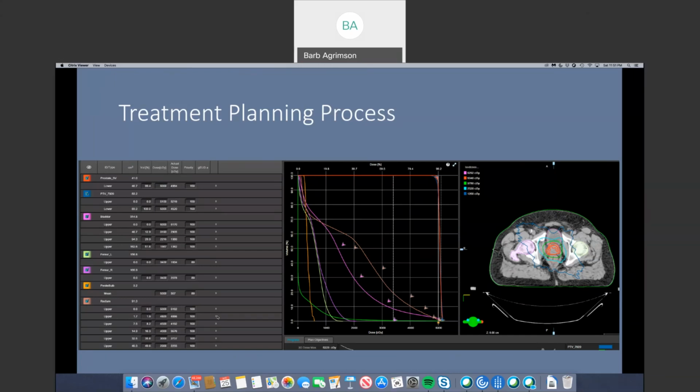And if it's not good enough, maybe it's not adhering to the rectal constraint, and we have to go back and change the values that these objectives are given initially and try to improve on it. So we'll continue to do that until we can find a plan that we think is going to be sufficient for treatment.